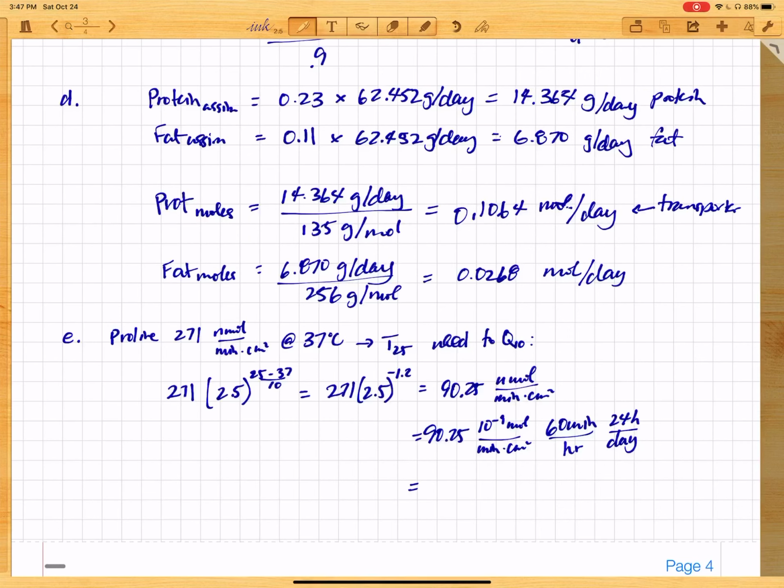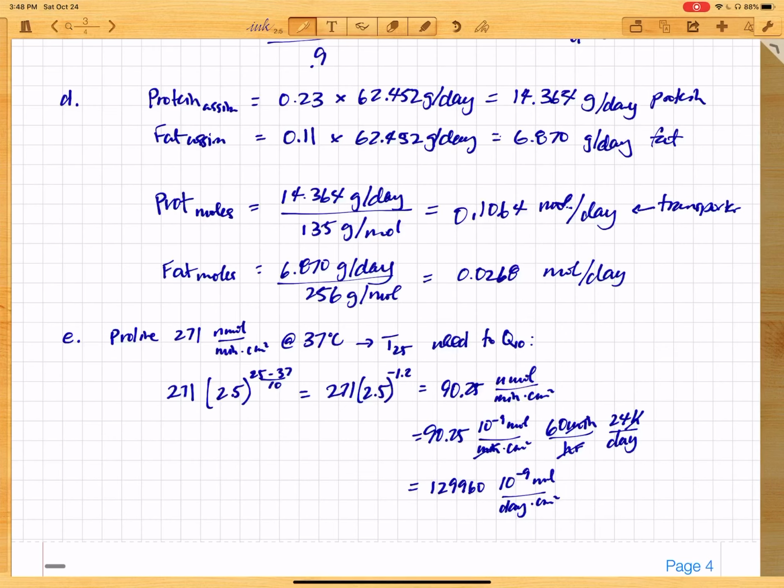So that should cancel out our units and multiply through, and we get 12,960 times 10 to the minus 9 moles per day centimeters squared.